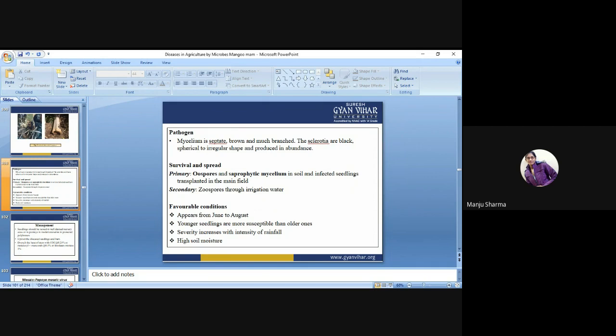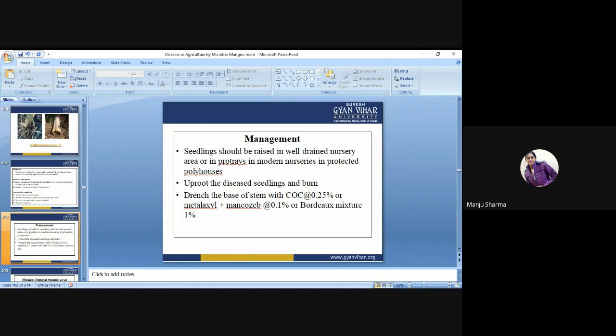Favorable conditions: the disease appears from June to August. Younger seedlings are more susceptible than older ones. Severity increases with intensity of rainfall and high soil moisture.